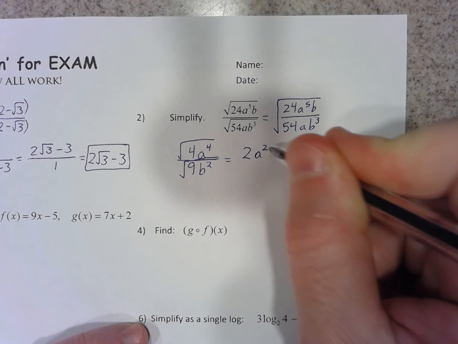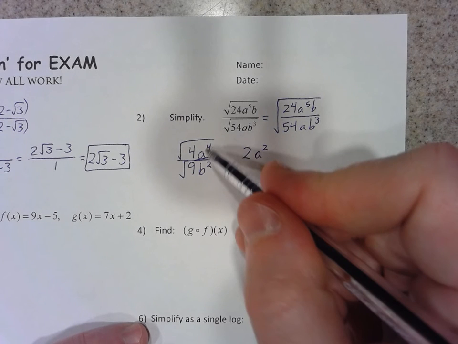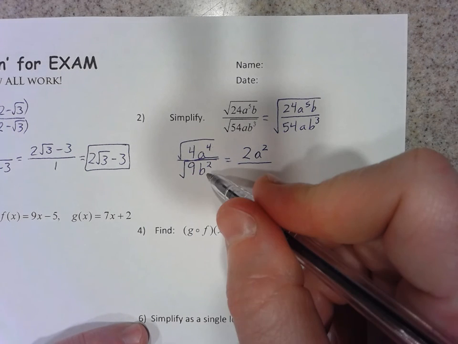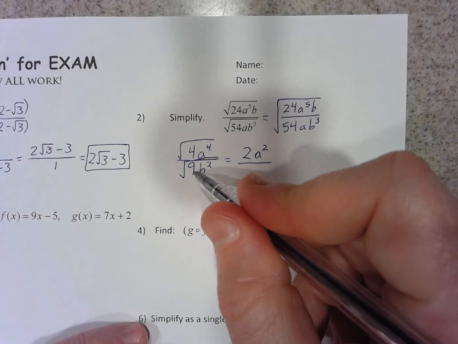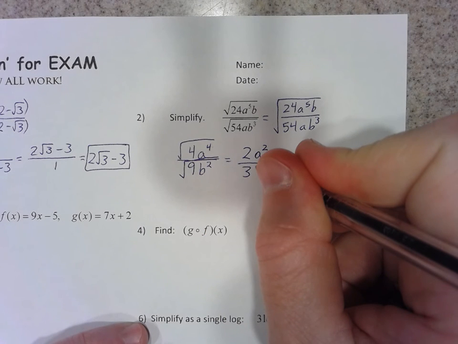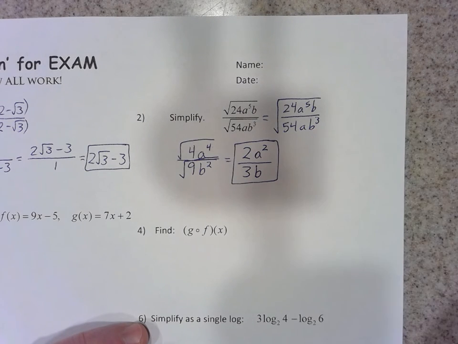It's how many a squareds can I put into a to the 4th. And on the bottom, square root of 9 is 3, square root of b squared is b. So 2a squared over 3b is my solution, or simplified form.